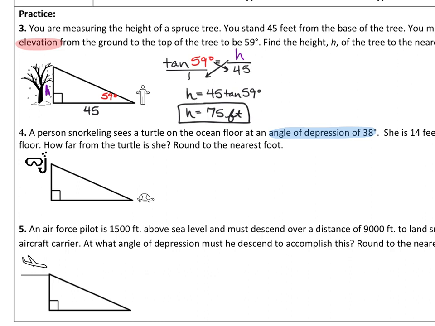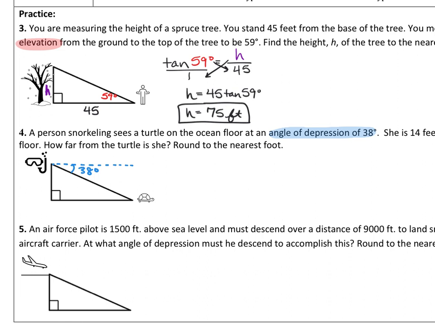So on my triangle, I need to go from the snorkeler looking down. That's where the 38 degrees goes. Now that feels weird because that angle is not inside of my triangle.